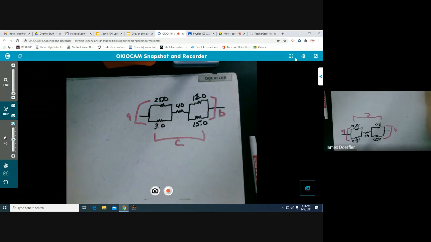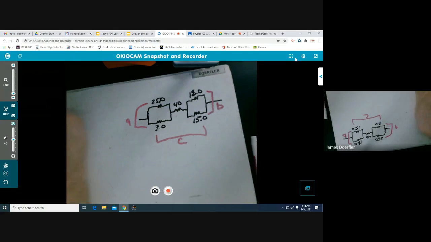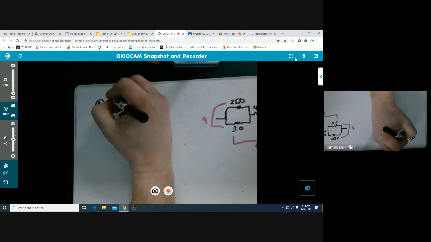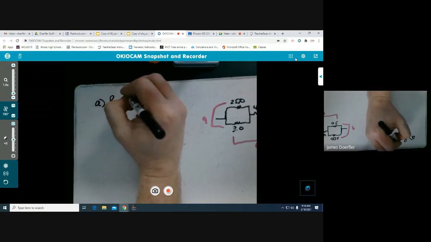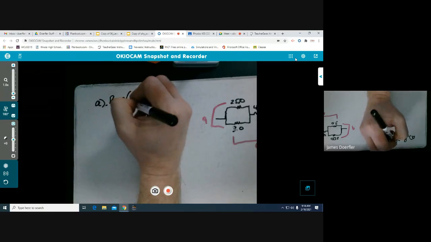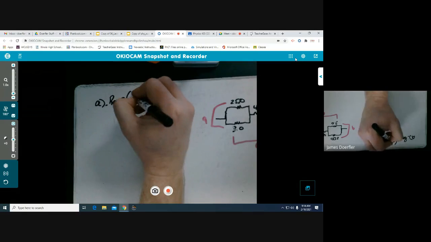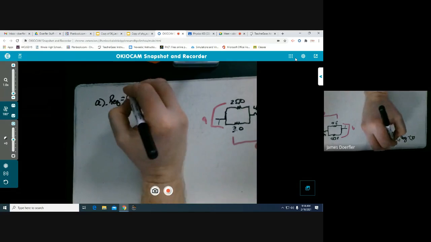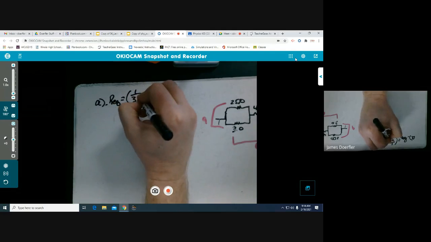So for group A, same thing. Is it in series or parallel? Group A right here? Parallel. So you take the reciprocal again.